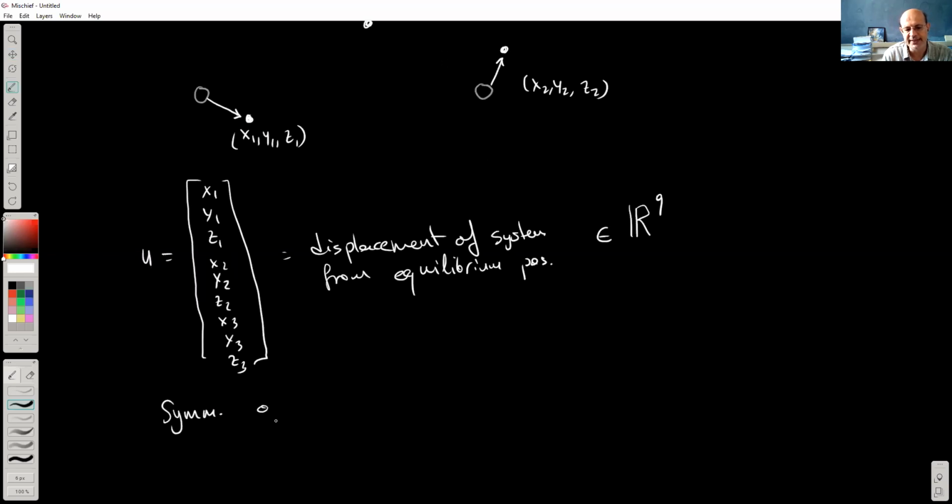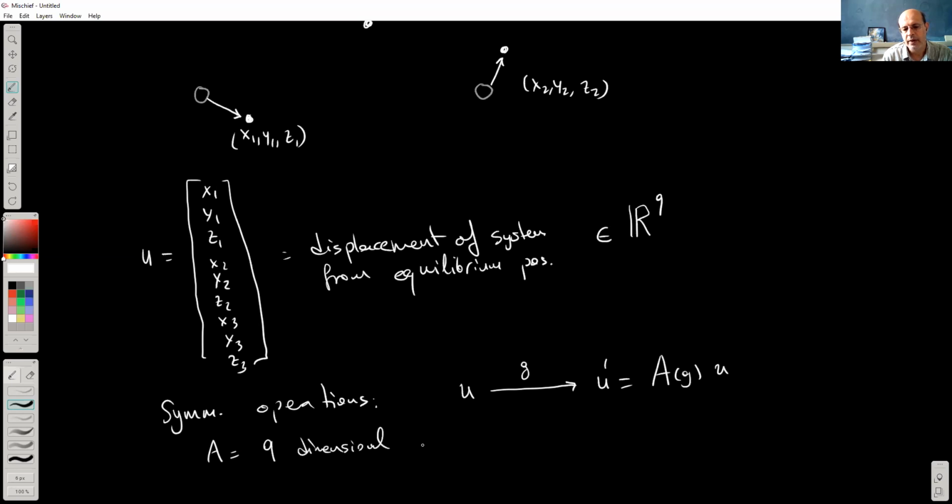So symmetry operations basically transform this displacement to some other displacement, given by, let's say this is the group element g, some kind of linear mapping here. So A is a 9-dimensional representation of the group C2v, okay?